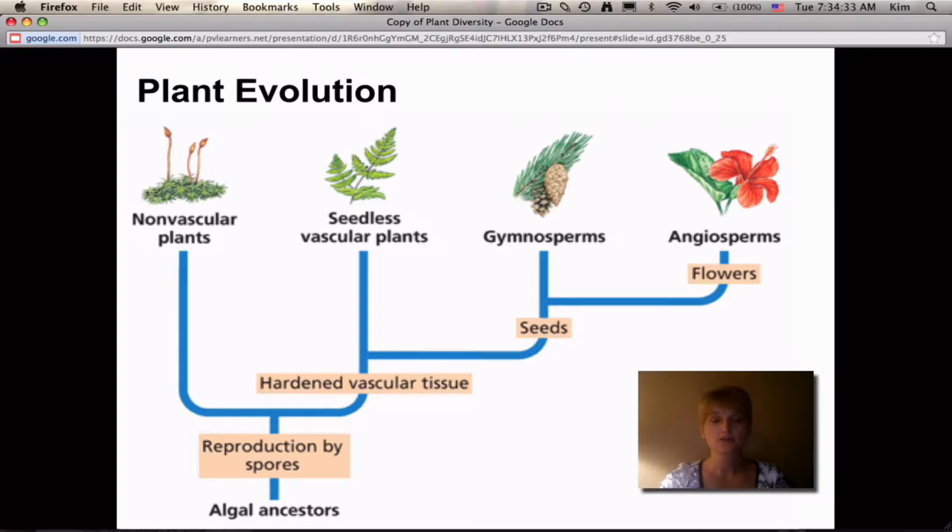Eventually we saw some vascular tissue, which I'm going to explain, and that developed into seedless vascular plants. So we started to see growth of plants, and they were getting taller. And then eventually we had seed plants. We have gymnosperms and angiosperms, which are both seed plants. Gymnosperms don't have flowers, but angiosperms do.